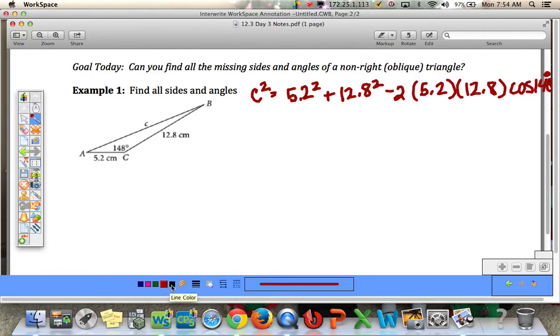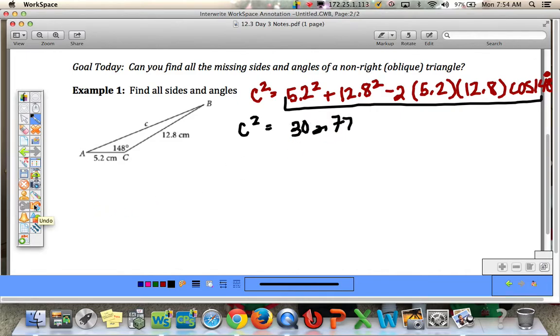Okay, next step, we can just type this whole thing in right here, and we'll get C squared equals about 303.772. And to get rid of the squared, we'll square root each side. So side C is about 17.4.